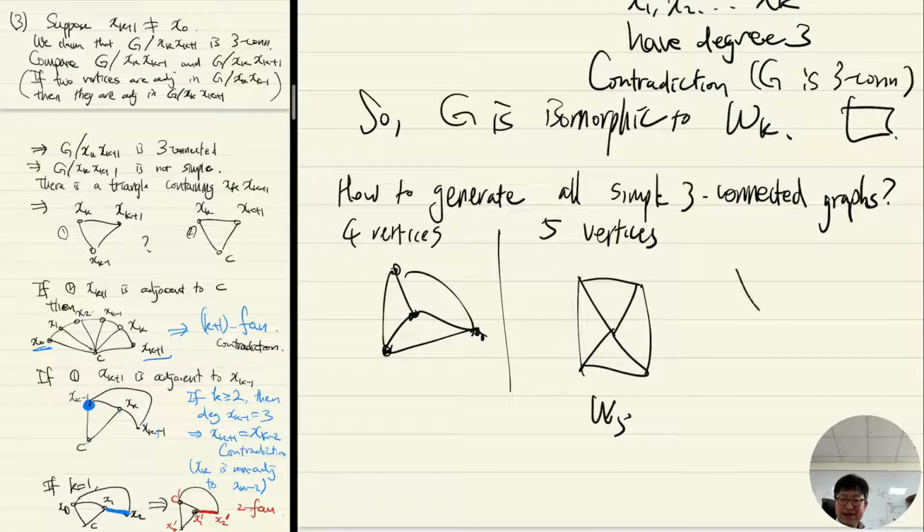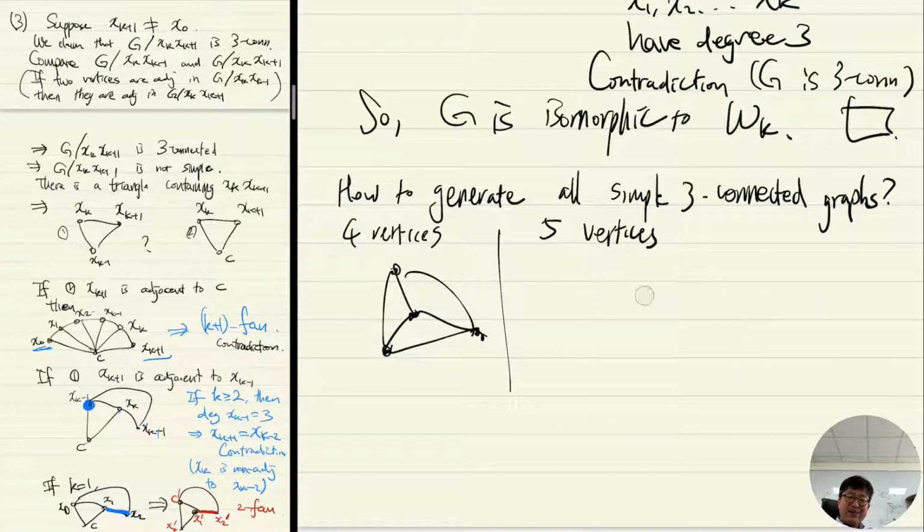And then you add an edge. Actually, it is better to state in terms of the number of edges: 1, 2, 3, 4, 5, 6. 6 edges. And 7 edges.